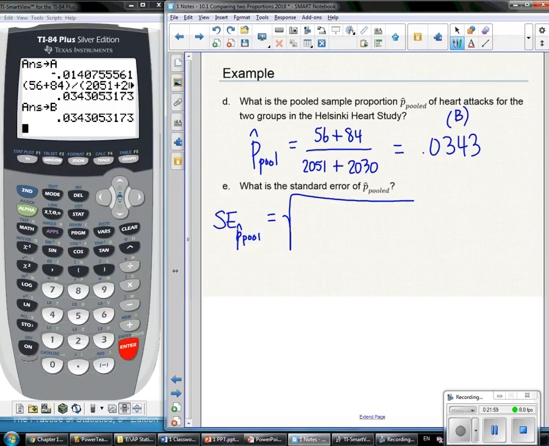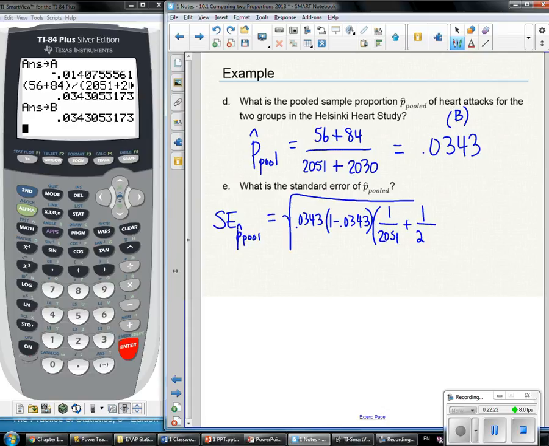So my p-hat that I'm going to be using in this case is the 0.0343 times the proportion of failures, which would be 1 minus that. And instead of just dividing by one sample, I'm going to be multiplying by 1 over the first sample plus 1 over the second.